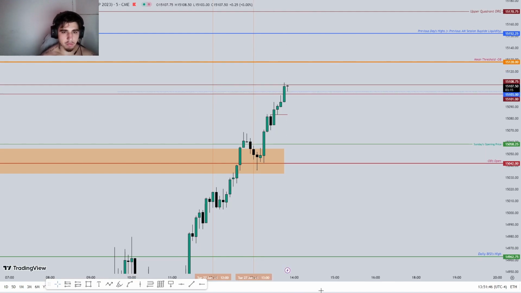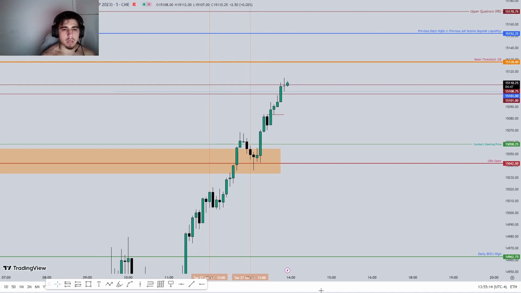So the 25 of the fair value gap, that is what we tapped into. I would want it now to take on this high and to not respect the midpoint, because we closed the bodies inside the fair value gap.